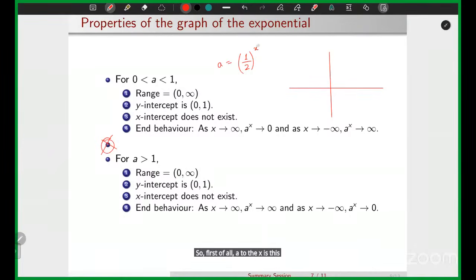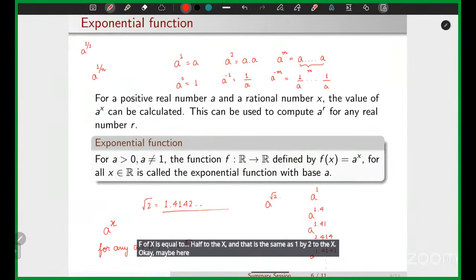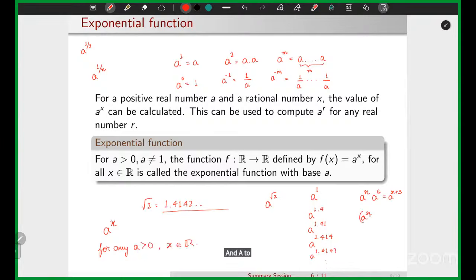With a equal to half, f of x is equal to half to the x, which is the same as 1 by 2 to the x. Maybe here there are some properties that you should take a look at. They are very natural properties: a to the r times a to the s is a to the r plus s, and a to the r to the s is a to the rs. All these things are enjoyed when you extend it to real numbers as well. All these things are valid.